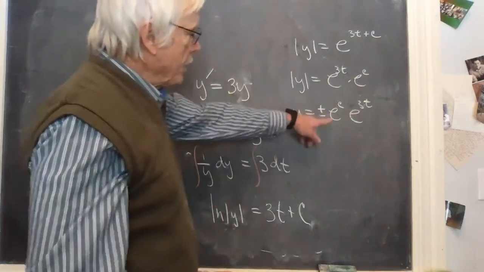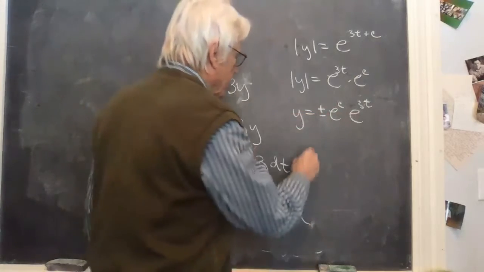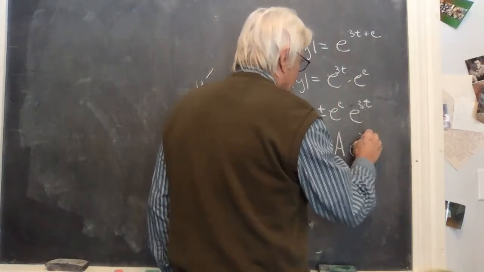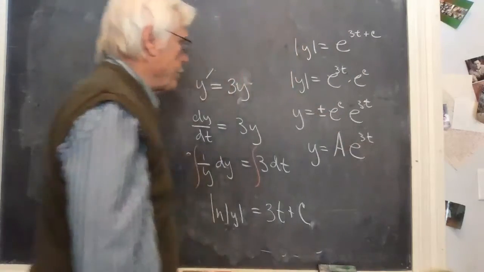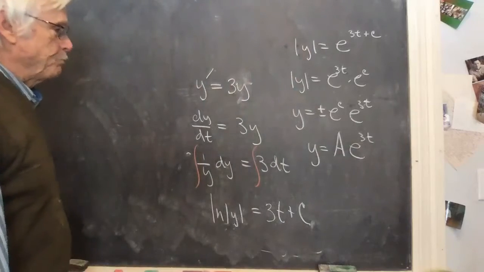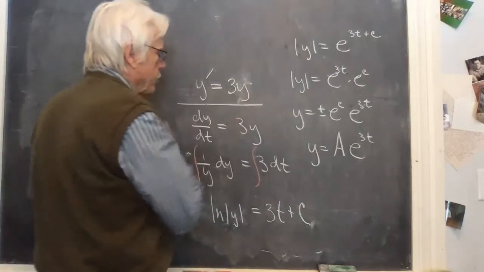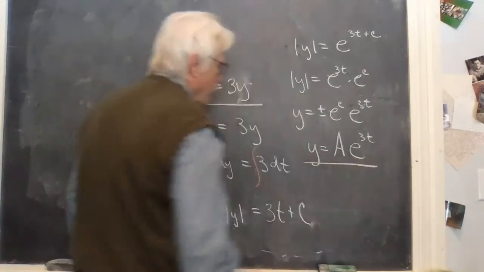And since c can be any constant and you're using plus and minus, traditionally you just replace it by a single letter. And usually it's a capital letter in this instance, A. So we start here, the end is here.